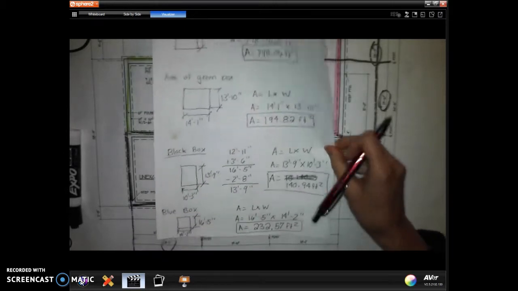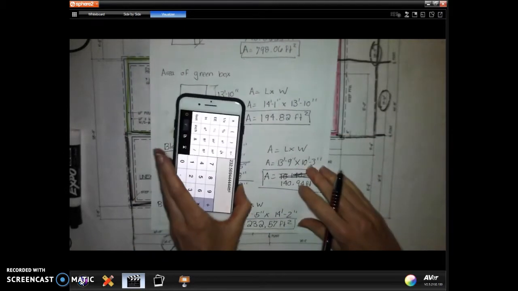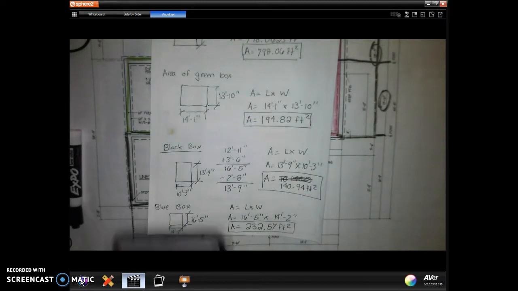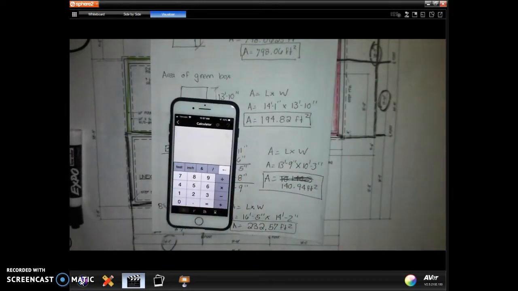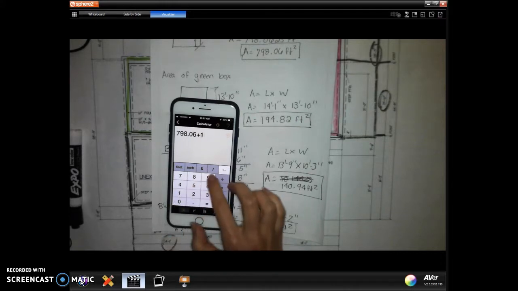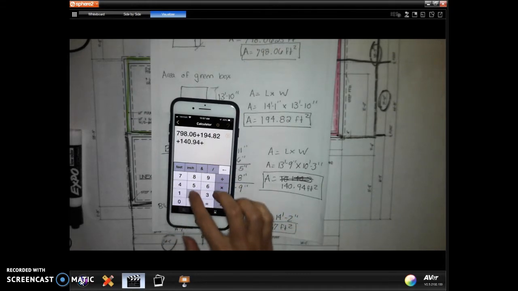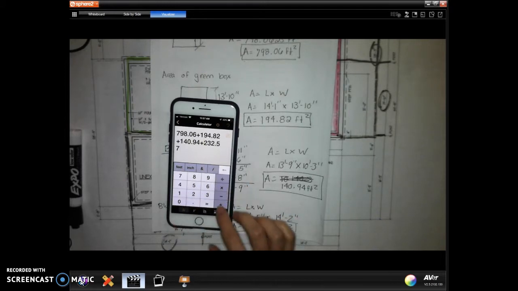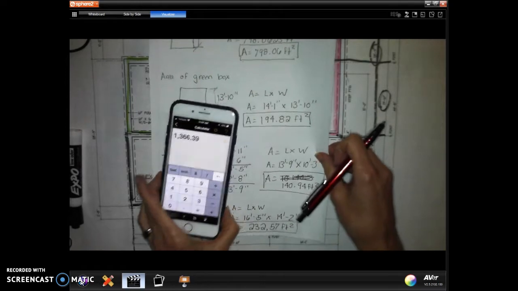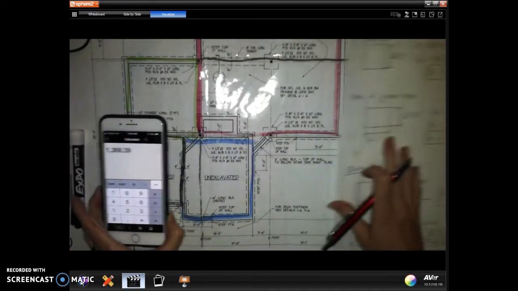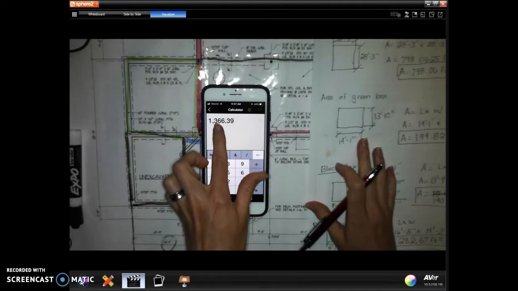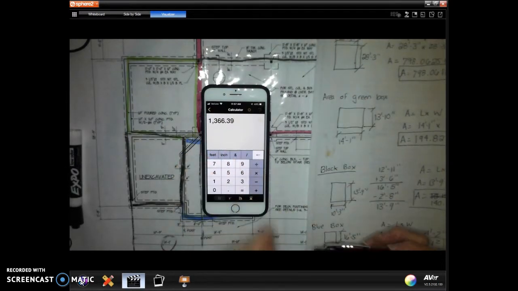So, okay, sorry, let me rotate this so you can see it. So now let's add that up. Okay, so we have 798.06 plus 194.82 plus 140.94 plus 232.57 equals, so we have a total area of 1,366.39 square feet.